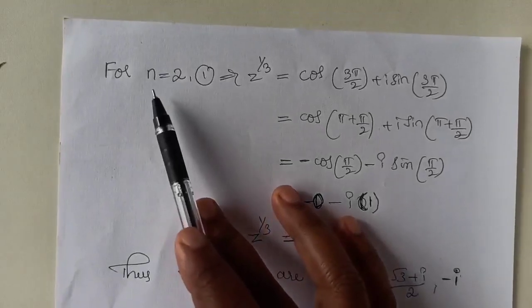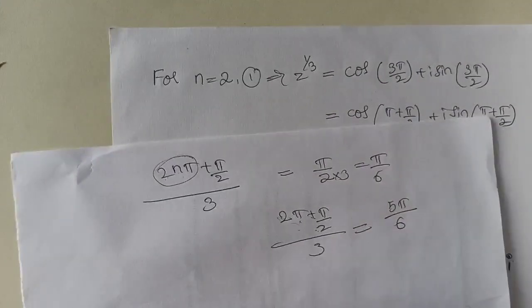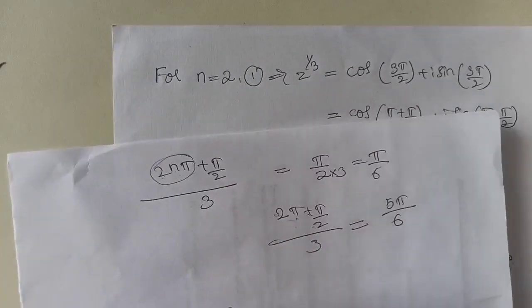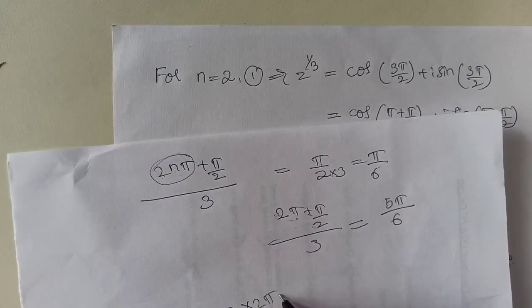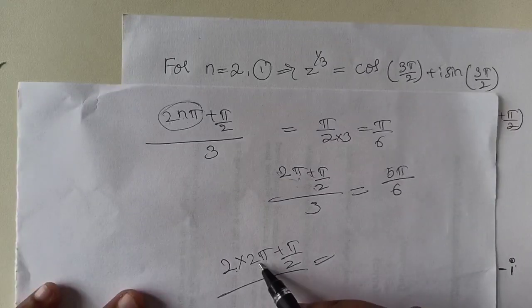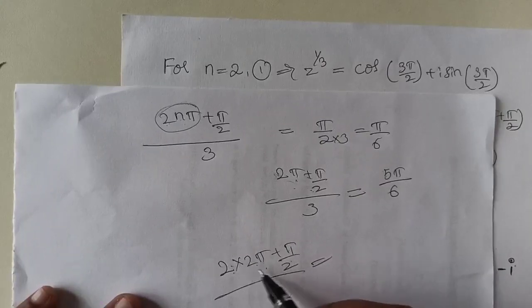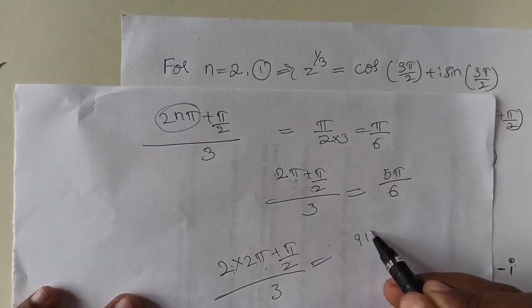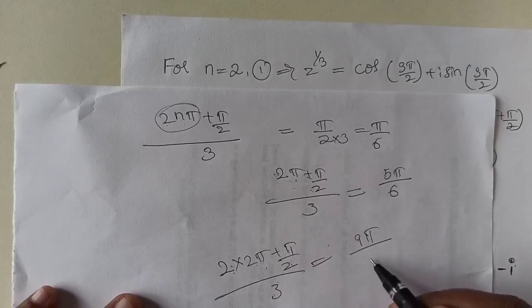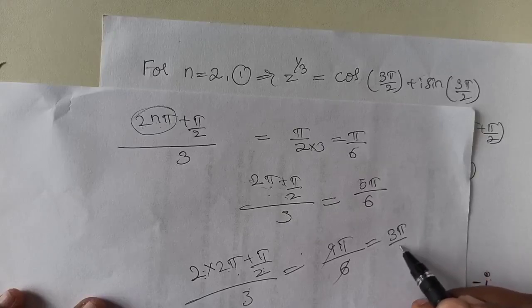Now for n equals 2 in equation 1, substituting n equals 2, we get (2 into 2 pi plus pi by 2) divided by 3. Simplifying, we get 4 pi plus pi by 2, which is 9 pi by 2, into 3, which is 6. Further simplifying, we get 3 pi by 2.